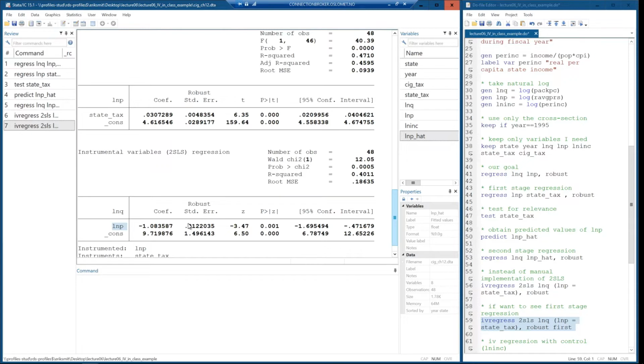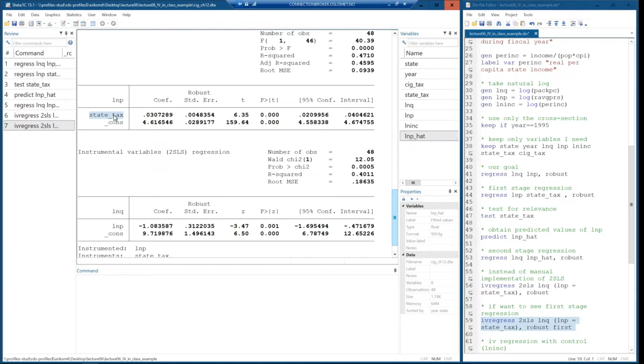And the control variable is a variable which is included in the model to make sure that the instrument is uncorrelated with the error term. So if the instrument is correlated or slightly correlated with the error term, then it's partially endogenous.